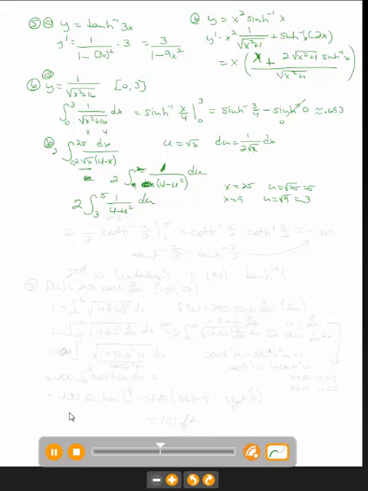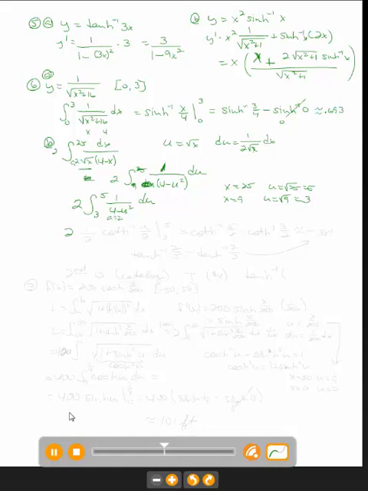And now I have to integrate this. So I'm going to have the 2 on the outside. According to my rules for the hyperbolic cotangent, it says if my x is greater than or less than a. In this case, the a is 2.